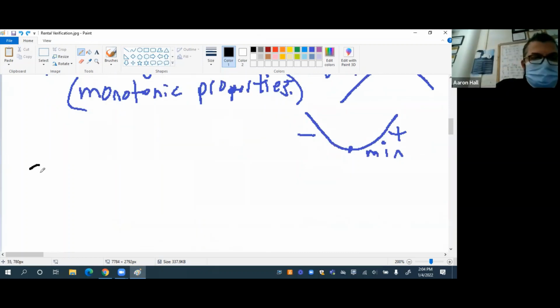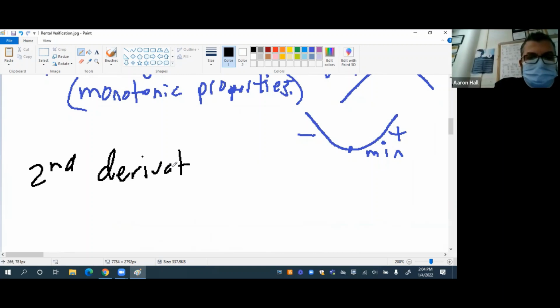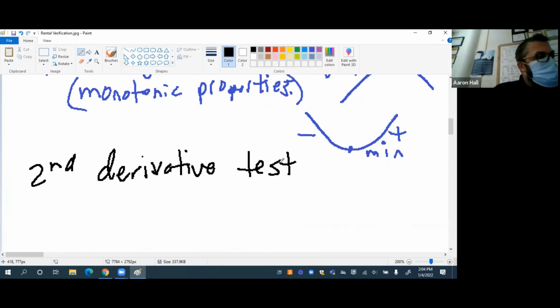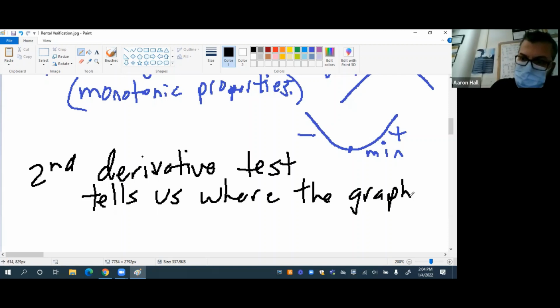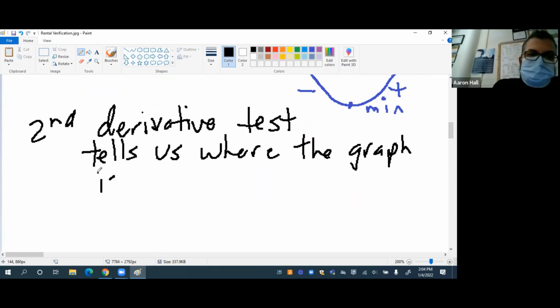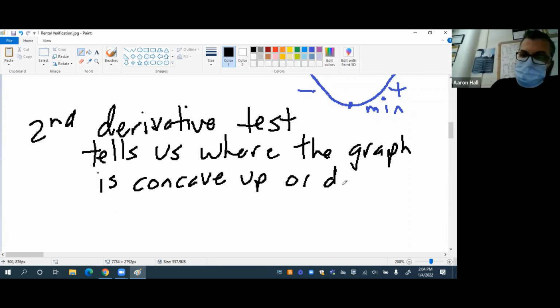So the second derivative test tells us the concavity of the graph. It tells us where the graph is concave up or down.